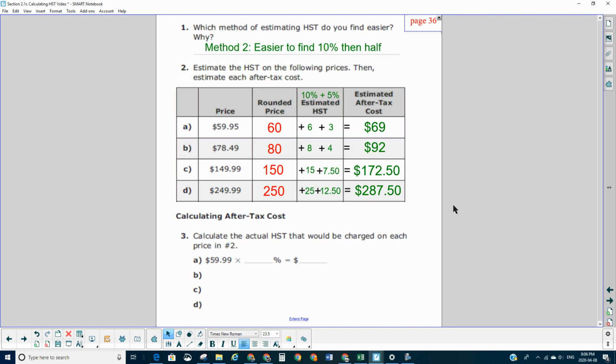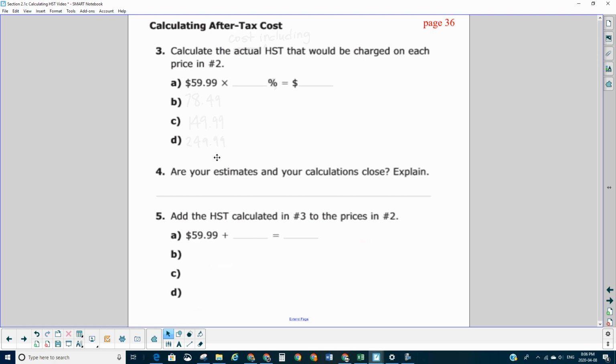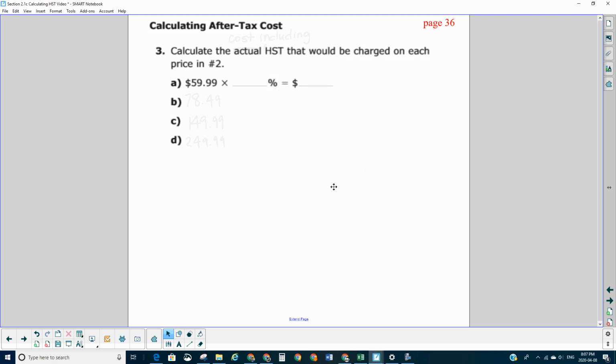All right, what I'd like you to do now is actually turn back and look on page 36 of our workbook. In the last video, we filled out the top half, but what I'm going to look at now is the bottom half of that page. So on page 36, you see there's questions 3, 4, and 5. I think 4 and 5 we're going to ignore and just adjust question 3 to do all of this in one step.